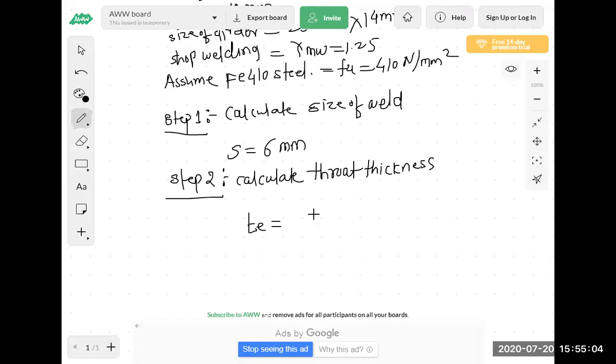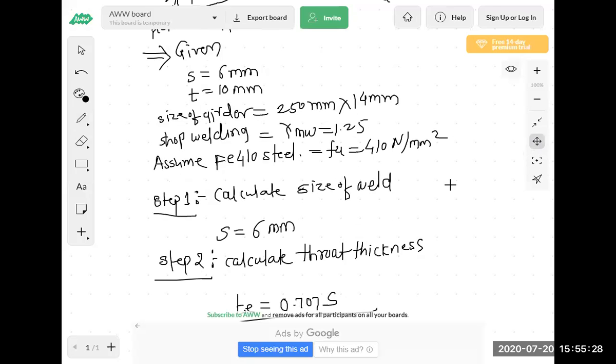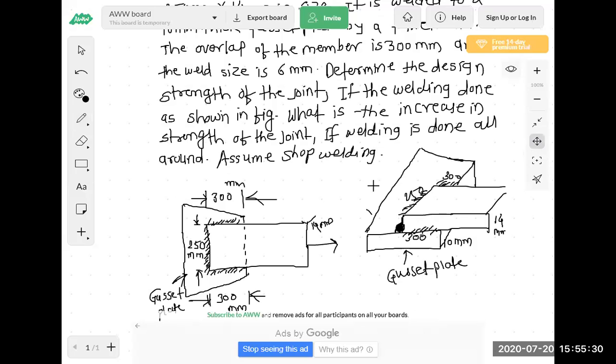Throat thickness T is equal to, go to the procedure, step number 2, 0.707 S. Why 0.707 S? Because they have given a fillet weld. You can read the type of weld in the problem statement.